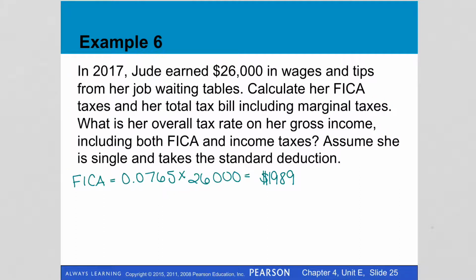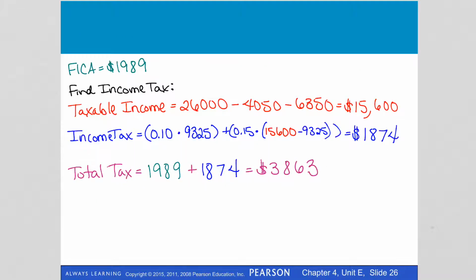Now, it says also figure out her overall tax rate. The overall tax rate is just her total tax divided by her gross income.